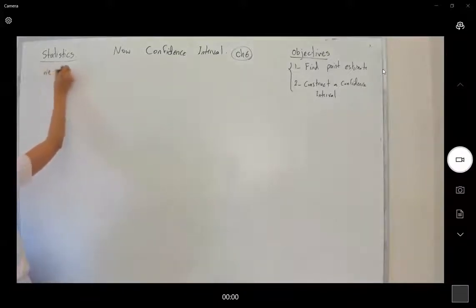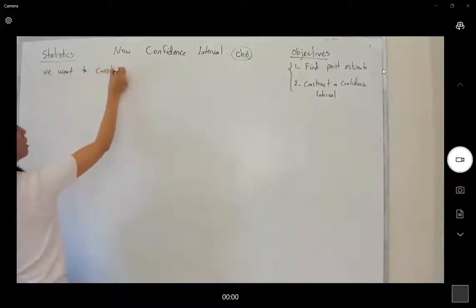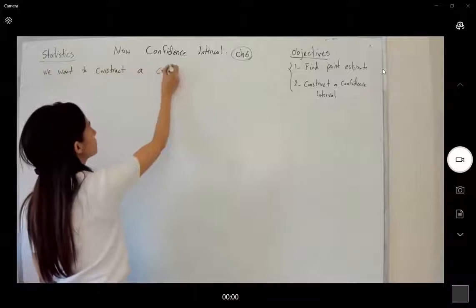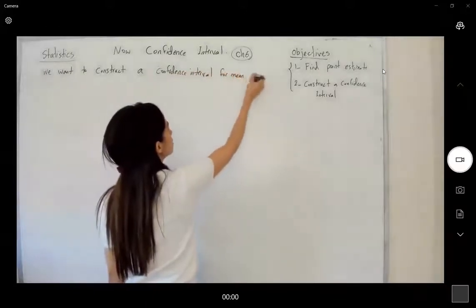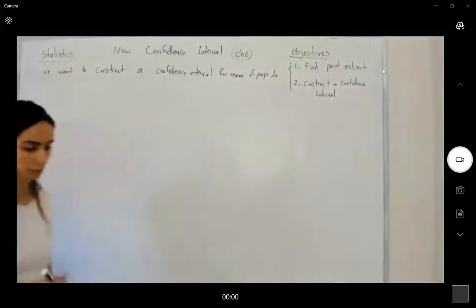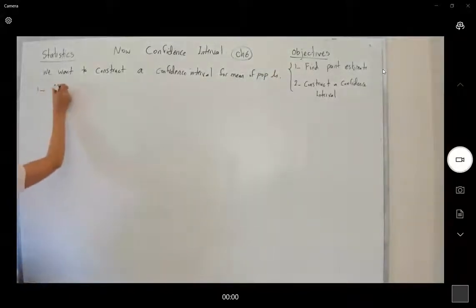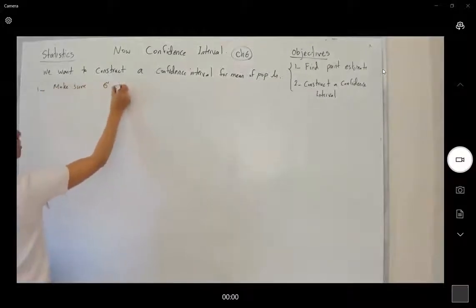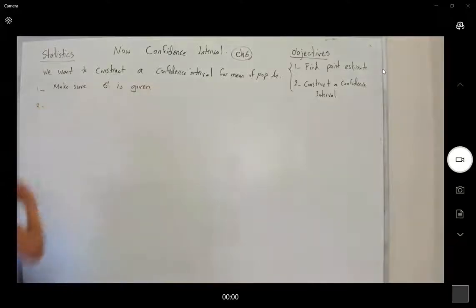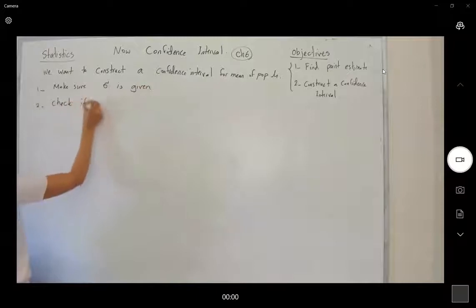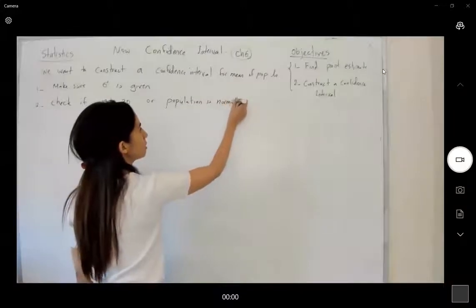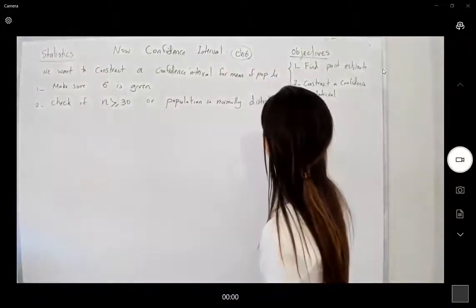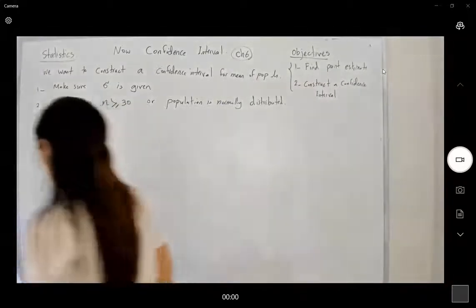So we want to construct a confidence interval for the mean of the population. 1, make sure sigma is given. 2, check if sample size is greater than or equal to 30 or population is normally distributed. N is the sample size.